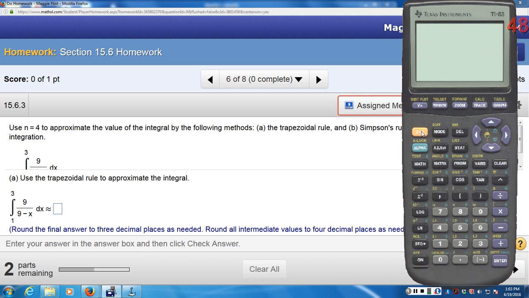And then we want the sum of list 2 and that's going to be multiplied times b minus a, which is 3 minus 1, divided by the 4 increments, which is just going to be 1, so the answer is going to be 8.554.